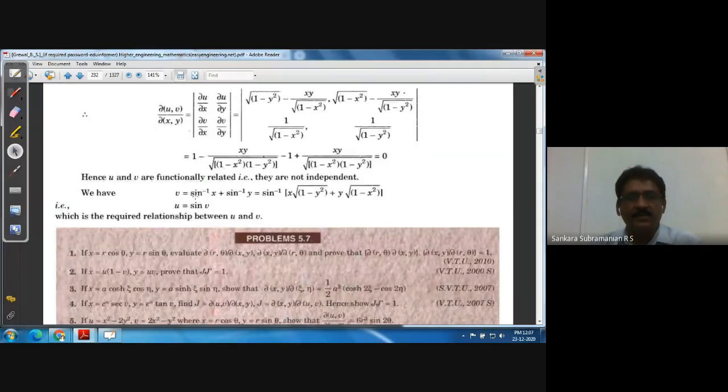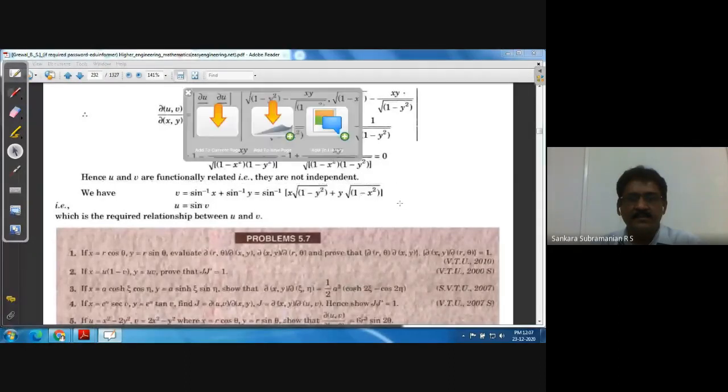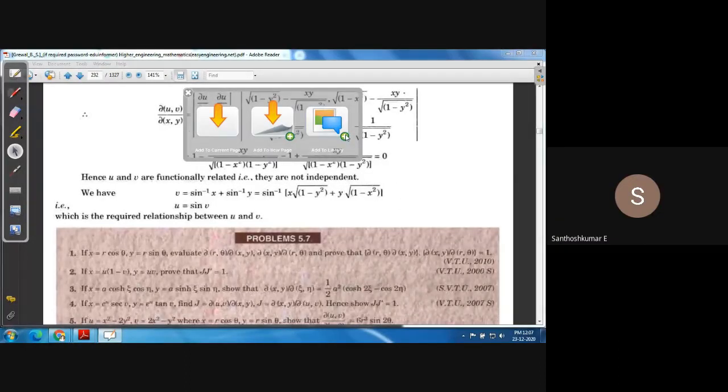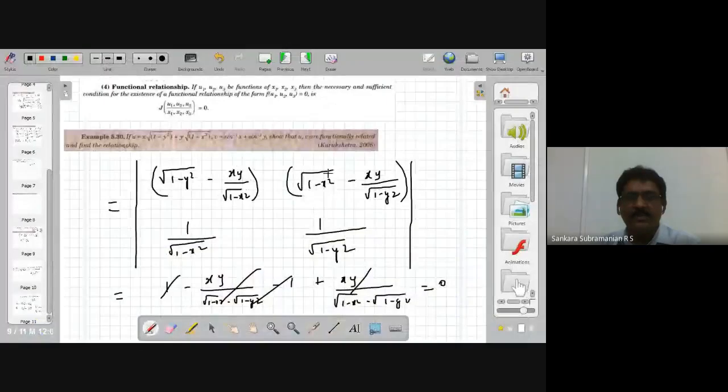So u equal to sin inverse of x plus sin inverse of y, right? This is equal to sin inverse of x into root of, this is actually a formula which you can see in any book. Yes sir, it is there in the 12th book.